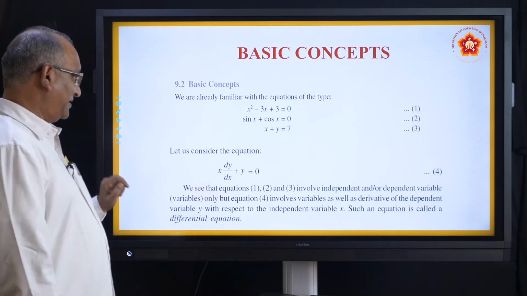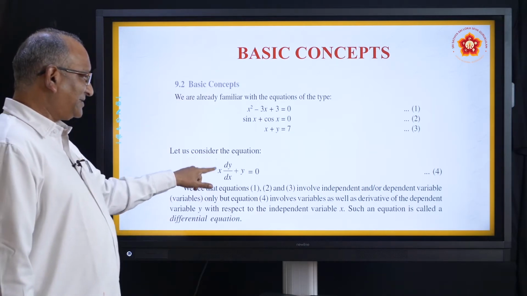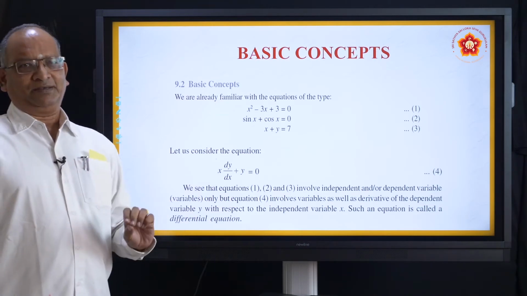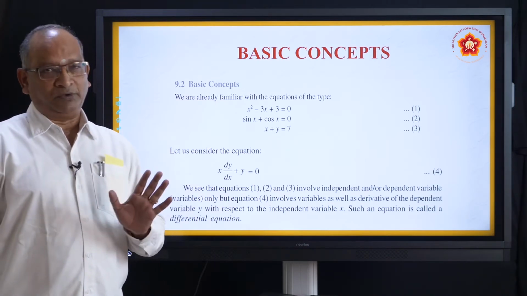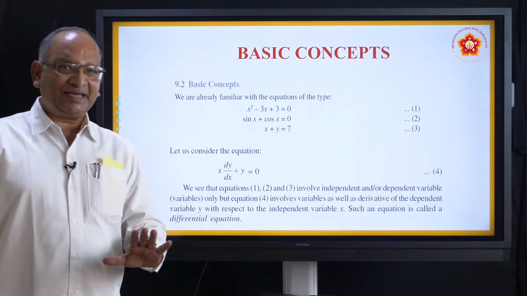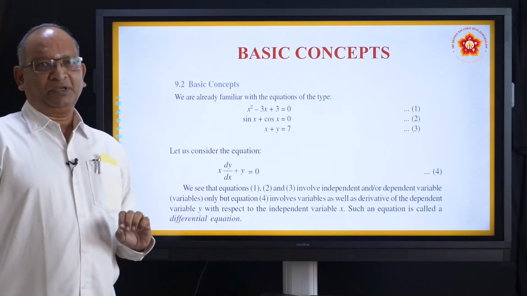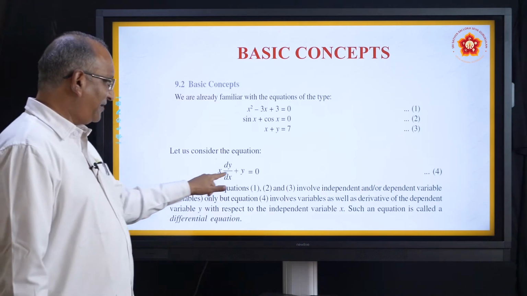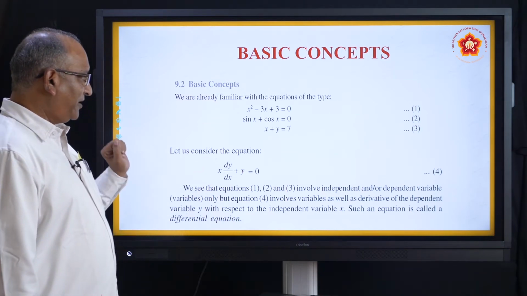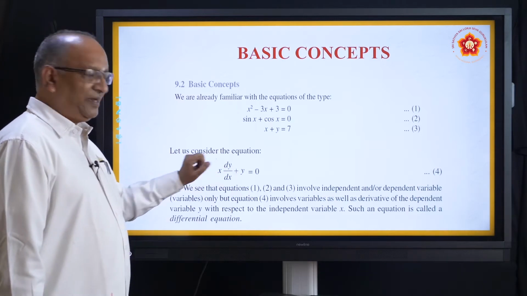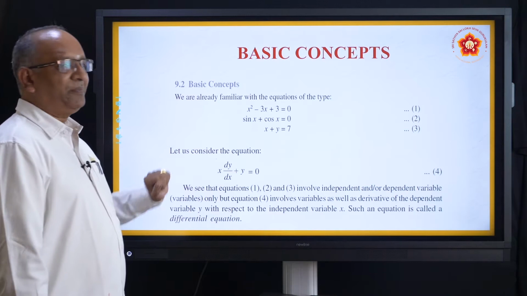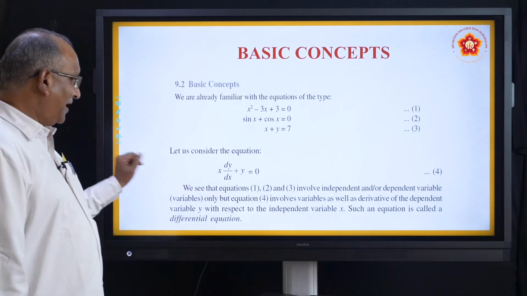Now look at this one. Let us consider the equation x dy by dx plus y equal to 0. In general, not as a rule, x is taken as independent variable and y is taken as dependent variable. In this equation, what do you find? It has a dependent variable y and also the derivative of the dependent variable. What does he say?